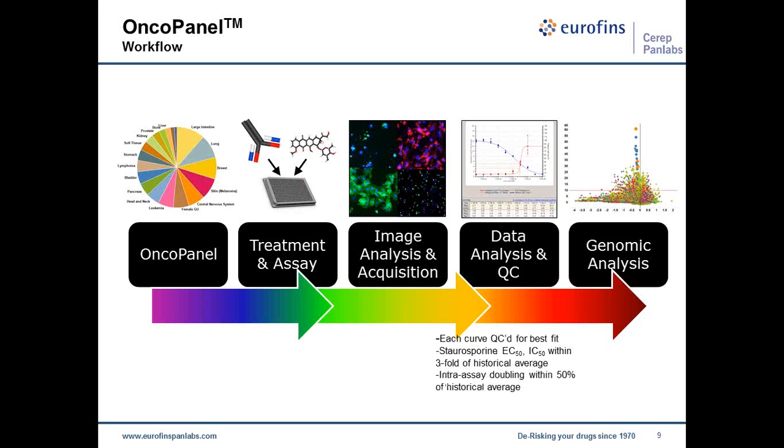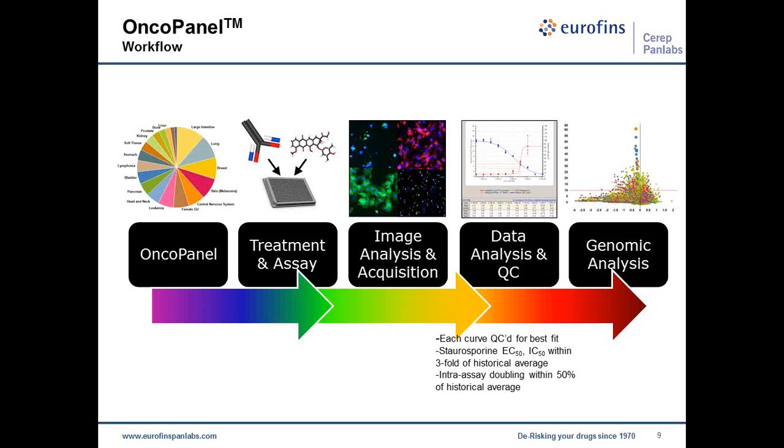So our data analysis and QC is extremely stringent, and I'll list some of our quality control criteria here. On every plate for each cell line, we run a reference inhibitor, staurosporine. The performance of staurosporine must be within 3-fold of the historical staurosporine average, both with respect to EC50 and IC50.